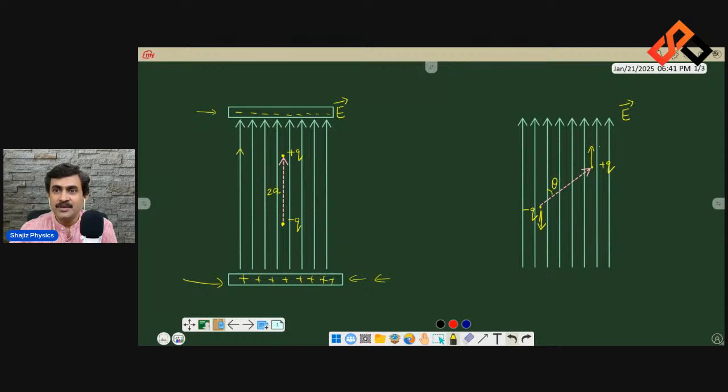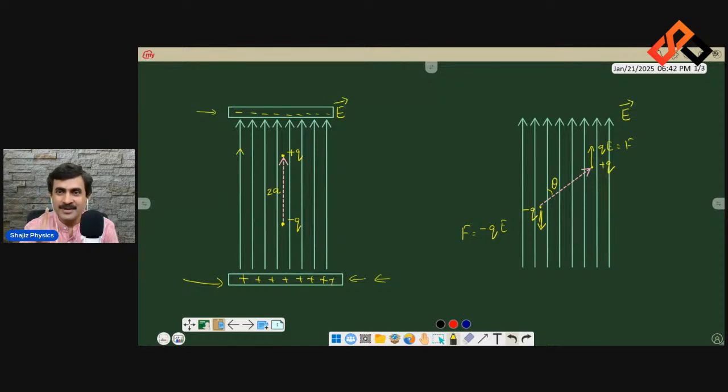It will be plus QE, because it is acting in the upward direction. But at the same time, the force acting on the minus Q charge will be minus QE, which means it is acting in the downward direction. So both the forces are equal, because both the charges are equal and are placed in a uniform electric field. The strength of the electric field is constant throughout. So in this particular case, the forces acting are equal but opposite in direction.